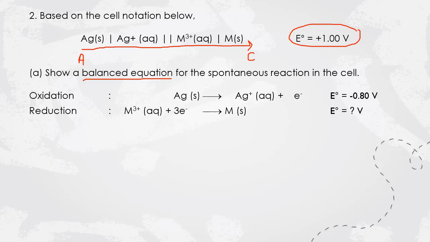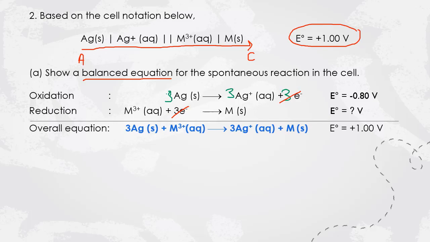But since the numbers of electrons are not equal, we cannot simply cancel them out. So we need to first make the numbers of electrons equal. By multiplying the silver species by 3, we can cancel the electrons out, leaving only the species involved. We then have the overall equation of 3Ag reacting with M3+ to become 3Ag+ and M solid. So this is your overall equation.